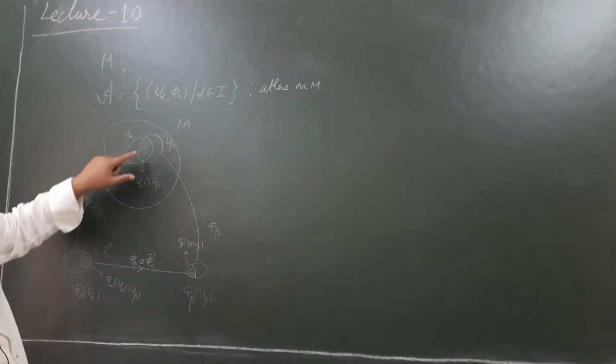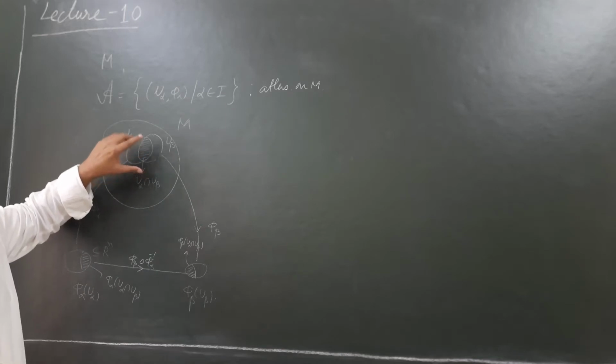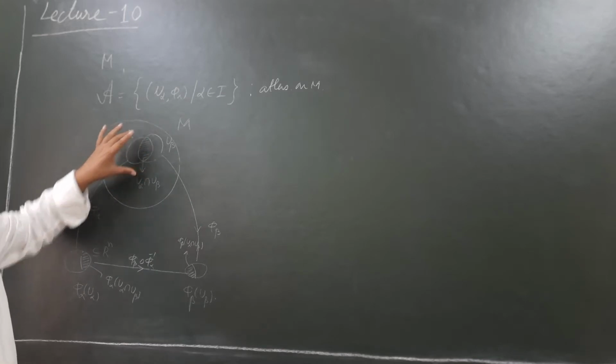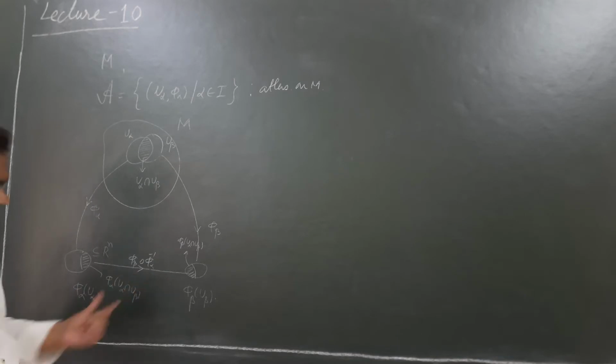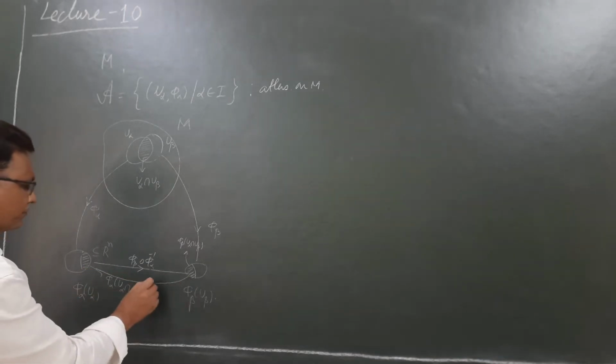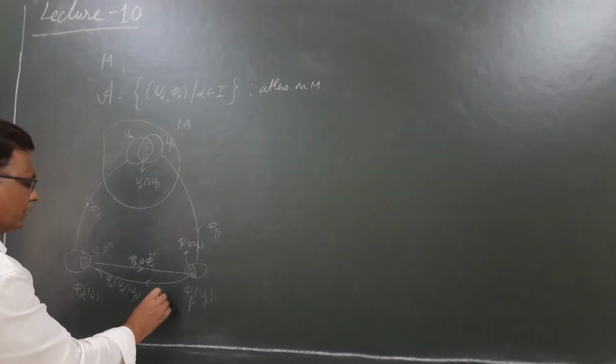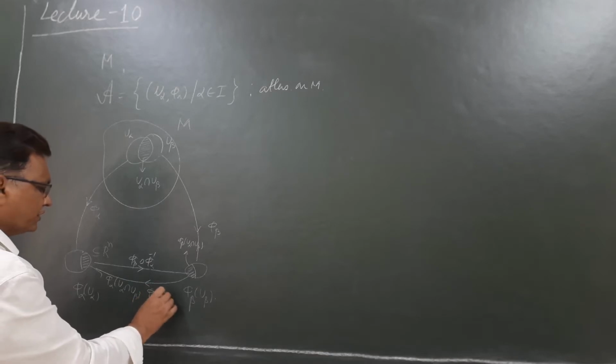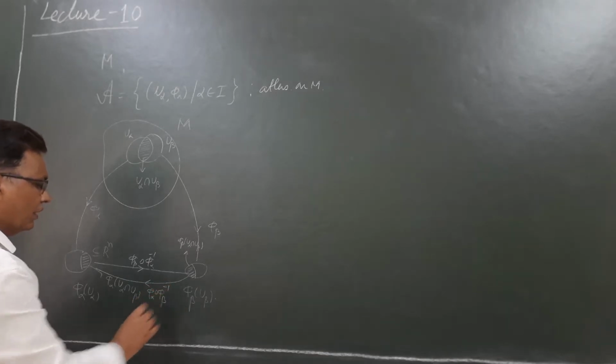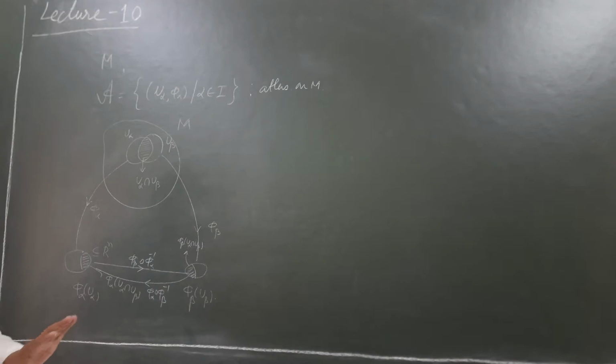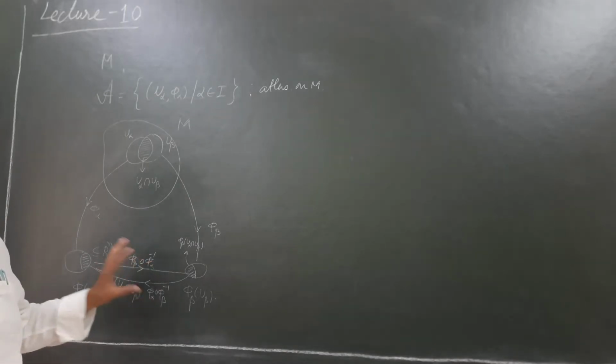Whenever there is a non-empty intersection between two open sets on a manifold, this map will emerge, as well as, from the other side, the map phi_alpha composition phi_beta inverse. These maps are important to us. We call them transition maps.